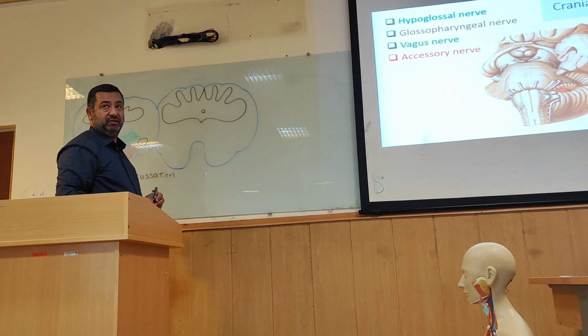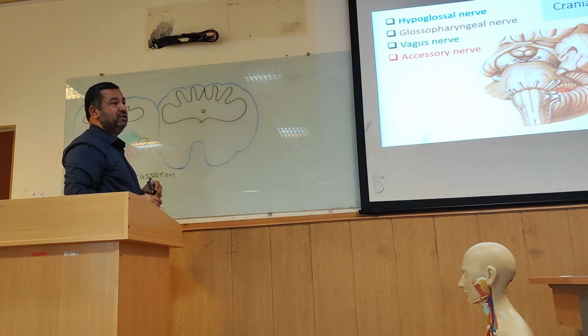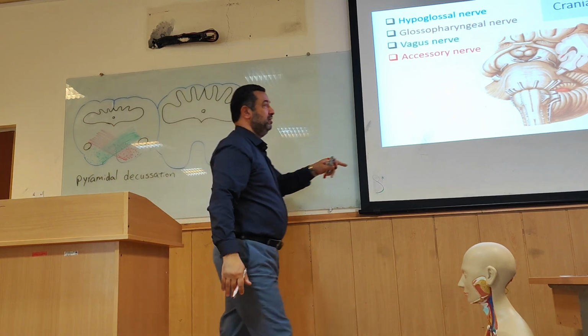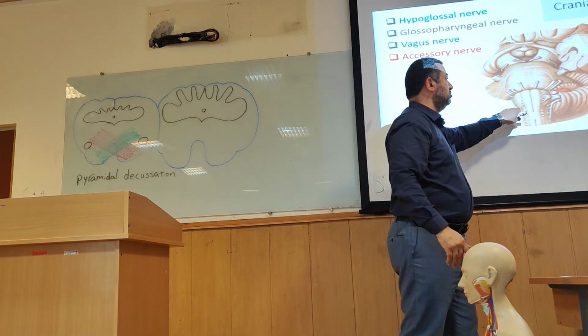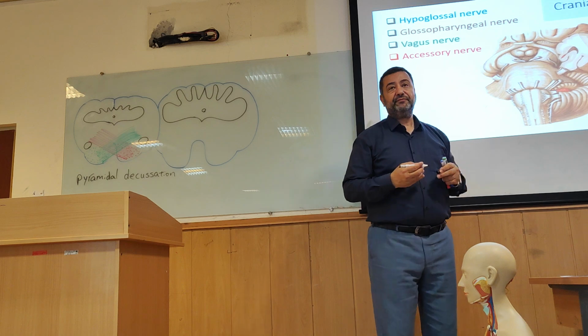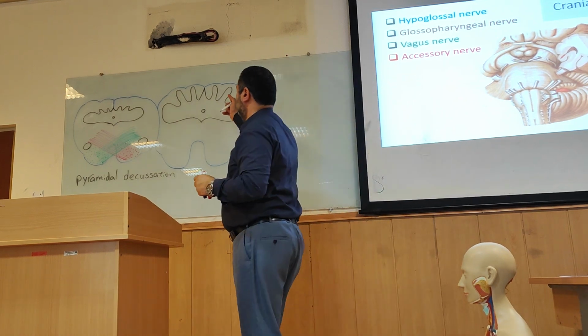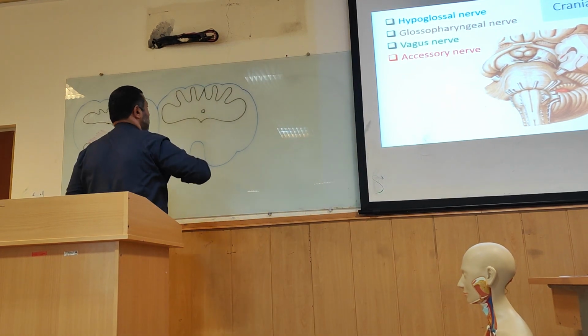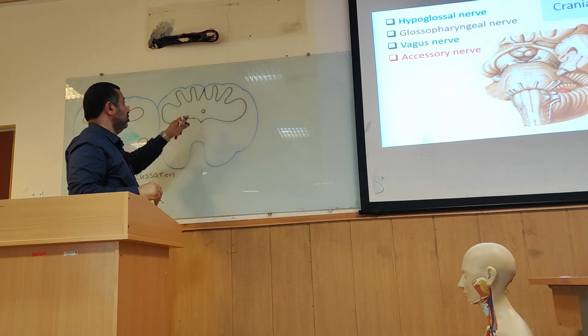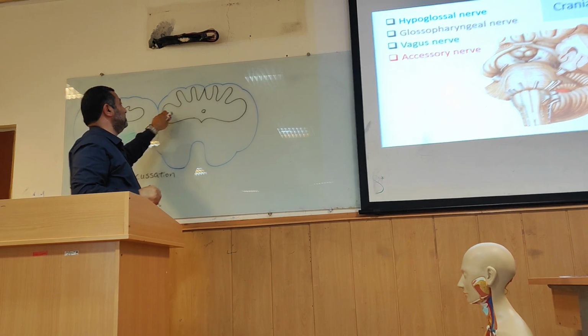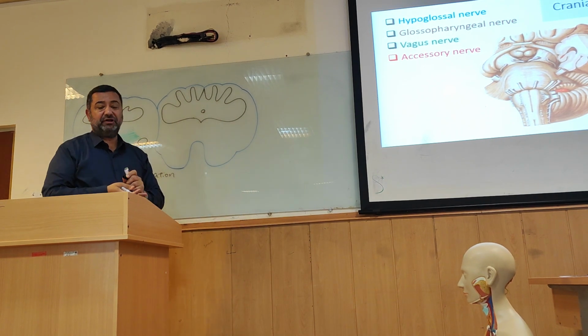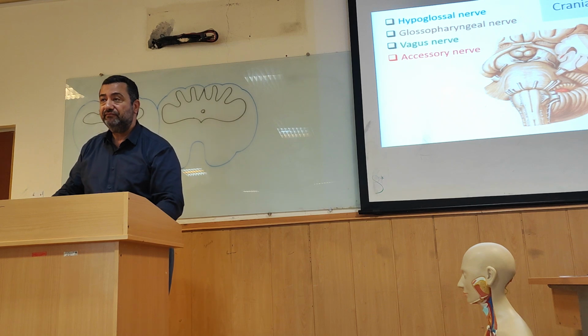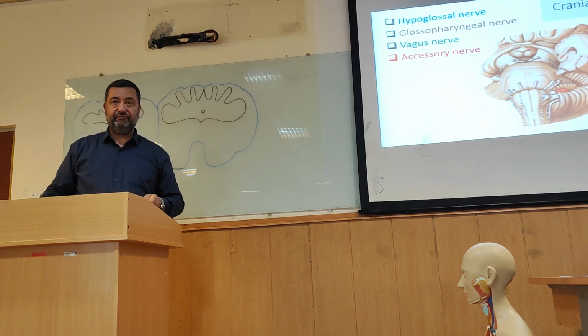Okay? In this section, in the superior part of the closed part, you see nucleus gracilis, nucleus cuneatus, and the spinal nucleus of the trigeminal nerve.